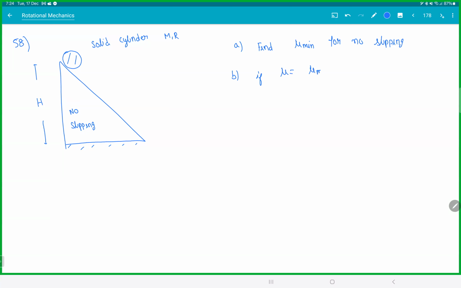If mu is mu minimum by 2, find V and omega, the work done by the frictional force, and the work done by the torque due to friction. So even torque does work, force does work. Both are different actually when it reaches the ground.